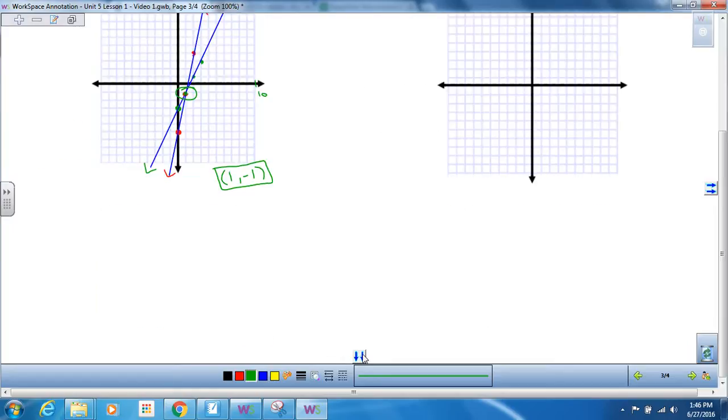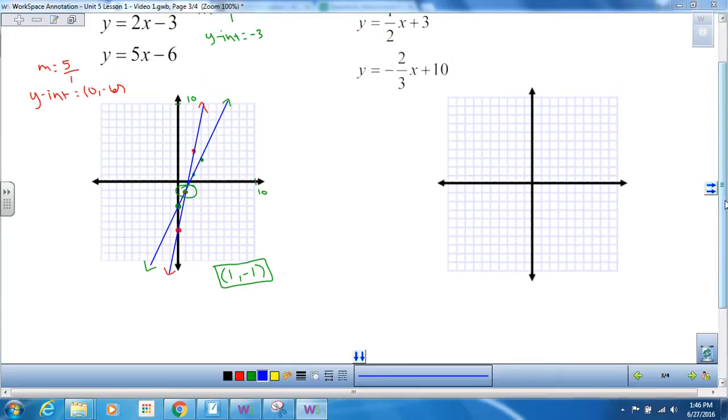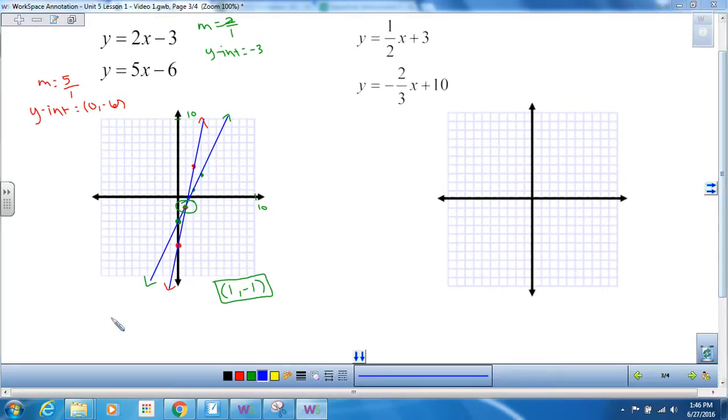So what I'm going to do is plug 1, negative 1 into both equations and show that it's true. So 1 goes in for x, 2 times 1 minus 3, negative 1 in for y. And then I make sure that negative 1 does equal negative 1.